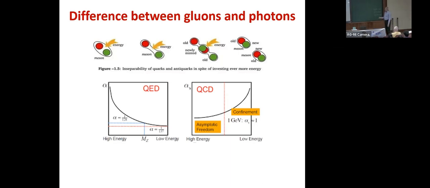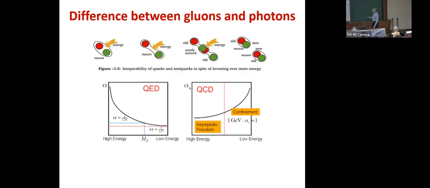This happens to be one of the major reasons why it's reasonably easy to calculate at the LHC than it would have been at colliders with lower energies. Because at high energies, the strong coupling constant is small, and therefore one can do perturbative calculations at high energy. This was just a remark. So this is the main reason for the difference between QED and QCD.